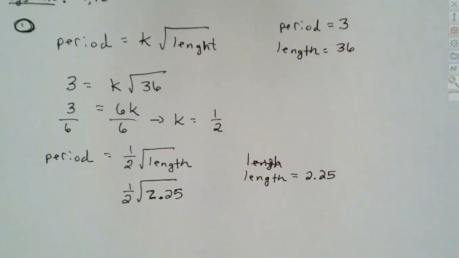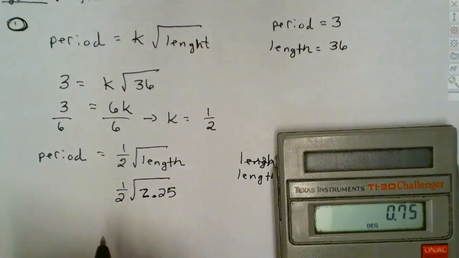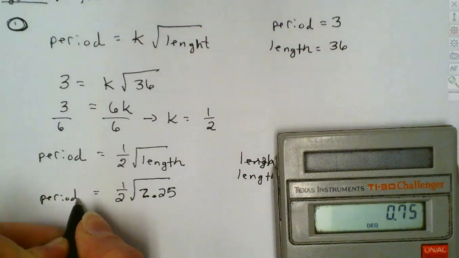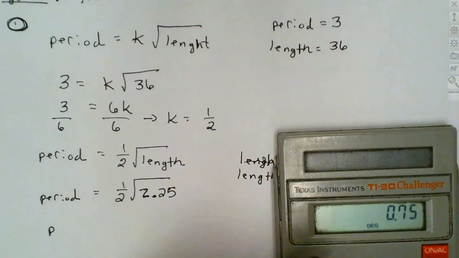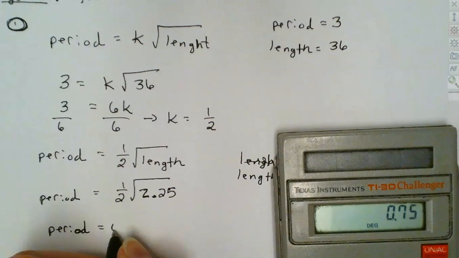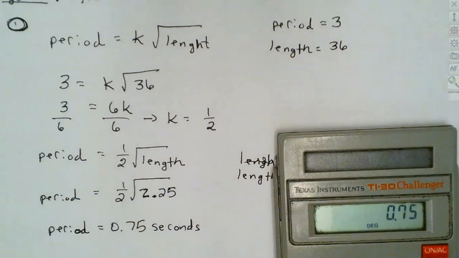So we've got 2.25. We're going to take the square root of that. And that comes out to be 1.5. And then we'll multiply that by 0.5. And now we get our period to come out to be 0.75 seconds. So that's going to be the period for that pendulum to swing.